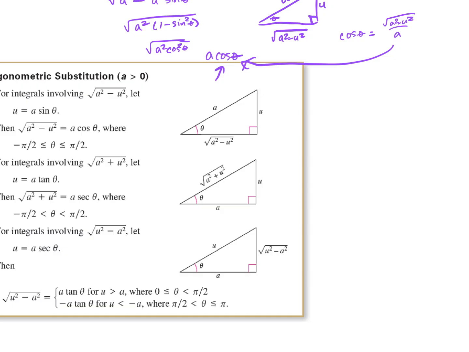If it's a squared minus u squared, a would have to be the hypotenuse, because remember, this all comes back to the Pythagorean theorem. If I have a subtraction one, whichever one is first goes on my hypotenuse. If I have an addition one, my hypotenuse is the plus, the radical, and then always put your constant on the bottom. It's a way to think it through. The reason I'm saying this is you're not allowed that formula sheet, and it's a way to help you think through which one needs to go where.